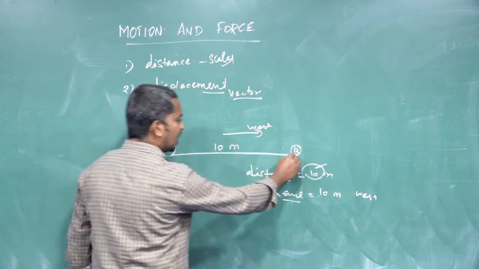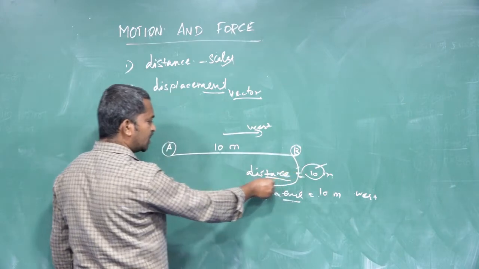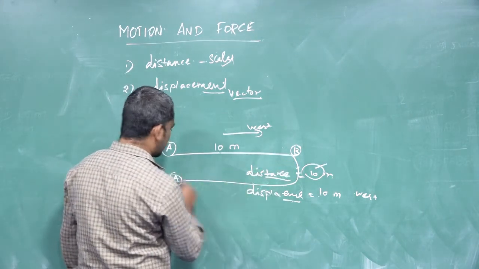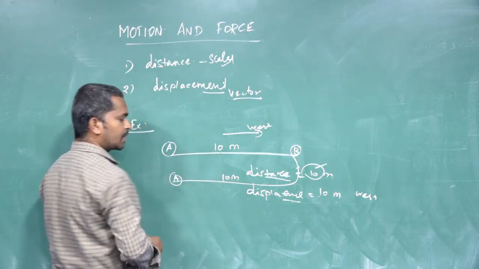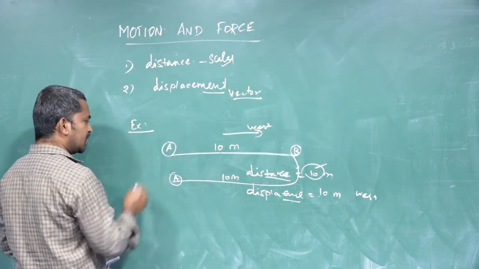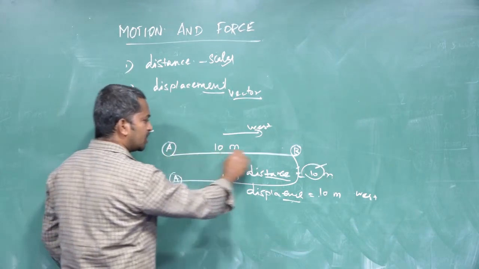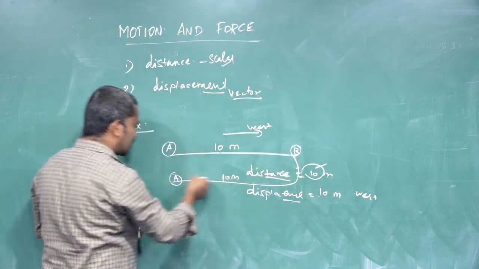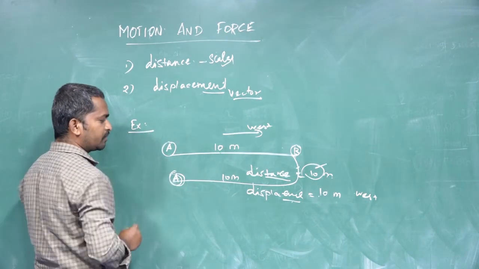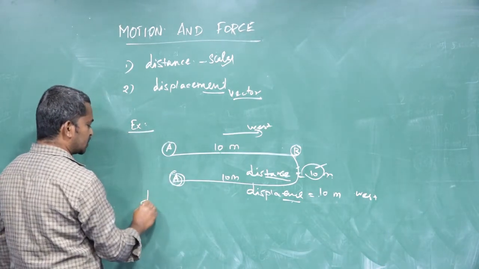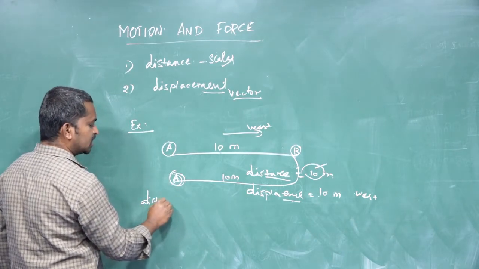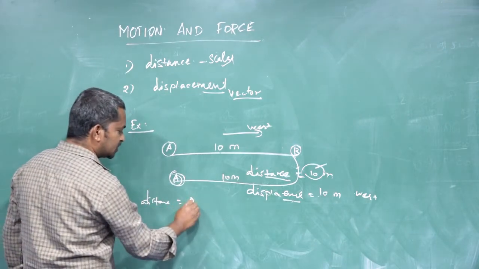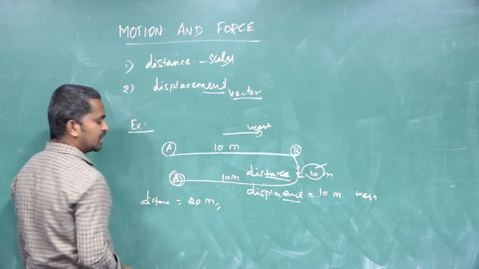Same object and path. Now you take a U-turn and reach point A. The object starts at A, reaches B, and finally makes a U-turn to reach the initial point A. Total distance is 10 meter plus 10 meter, so 20 meter.